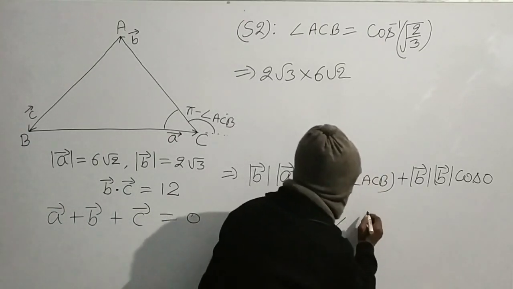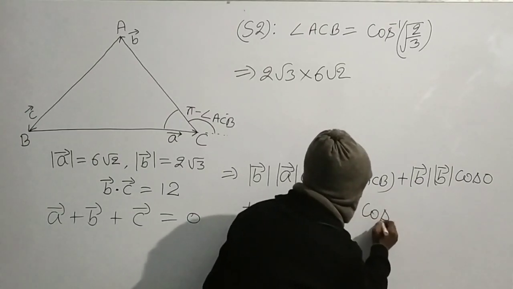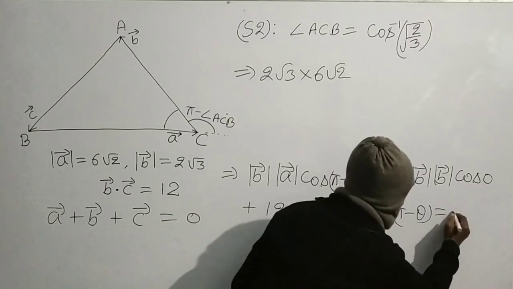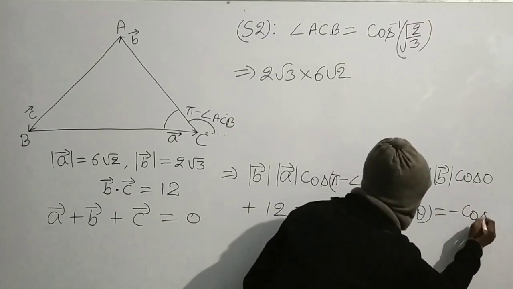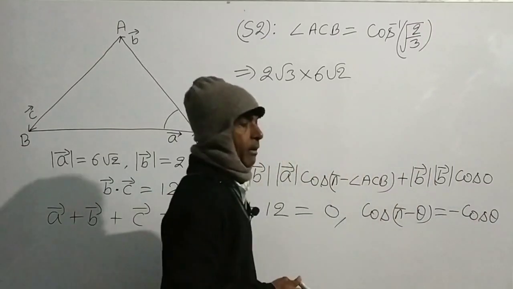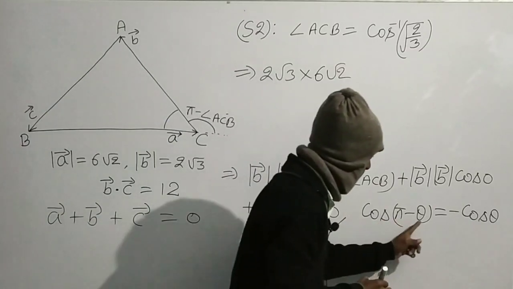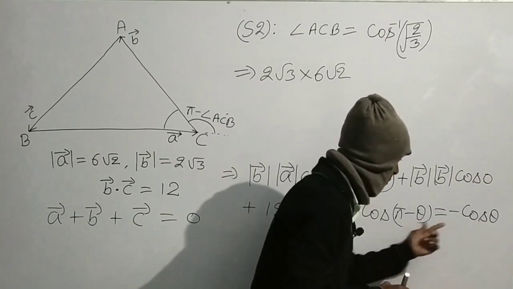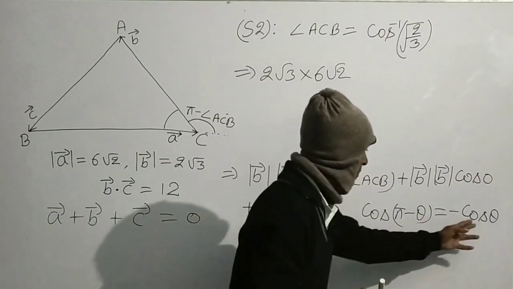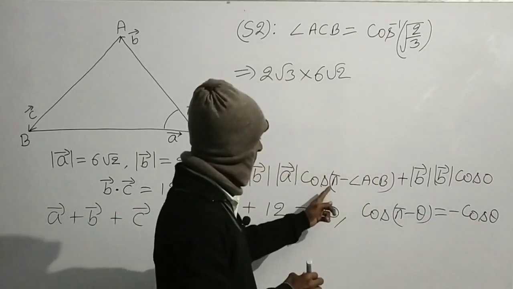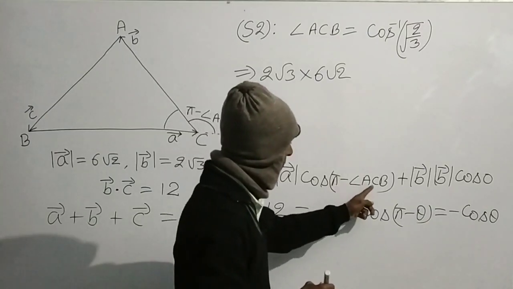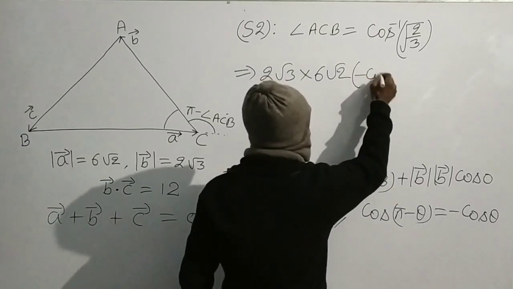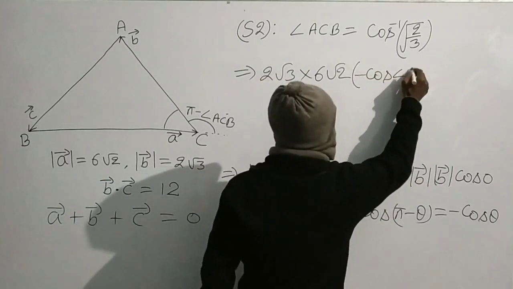There is a formula that cos pi minus theta is equal to minus cos theta. By applying this formula, we can write cos pi minus angle ACB as minus cos angle ACB.